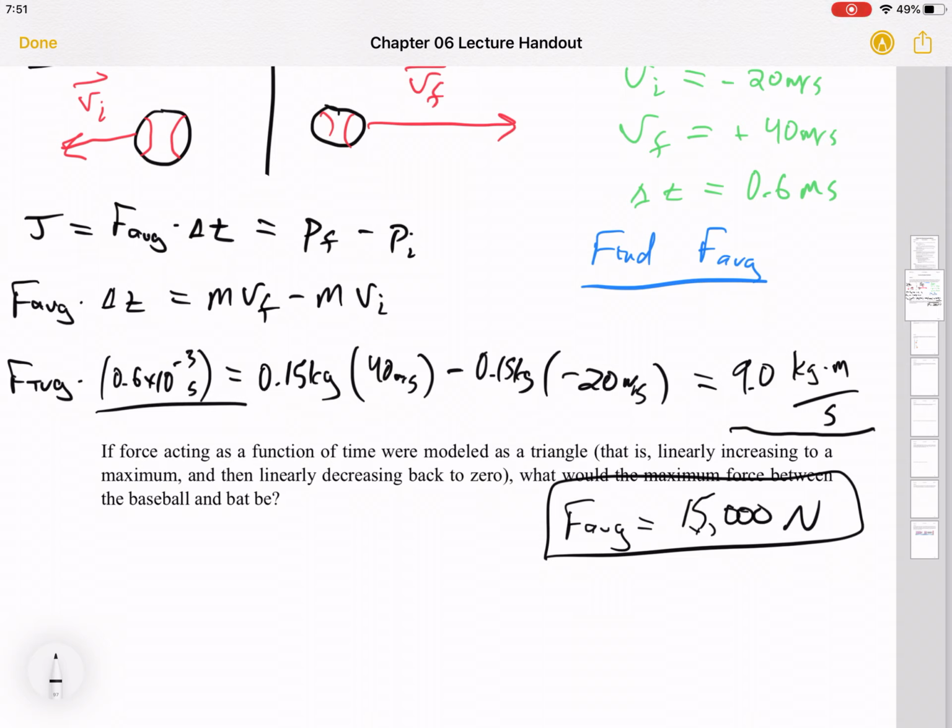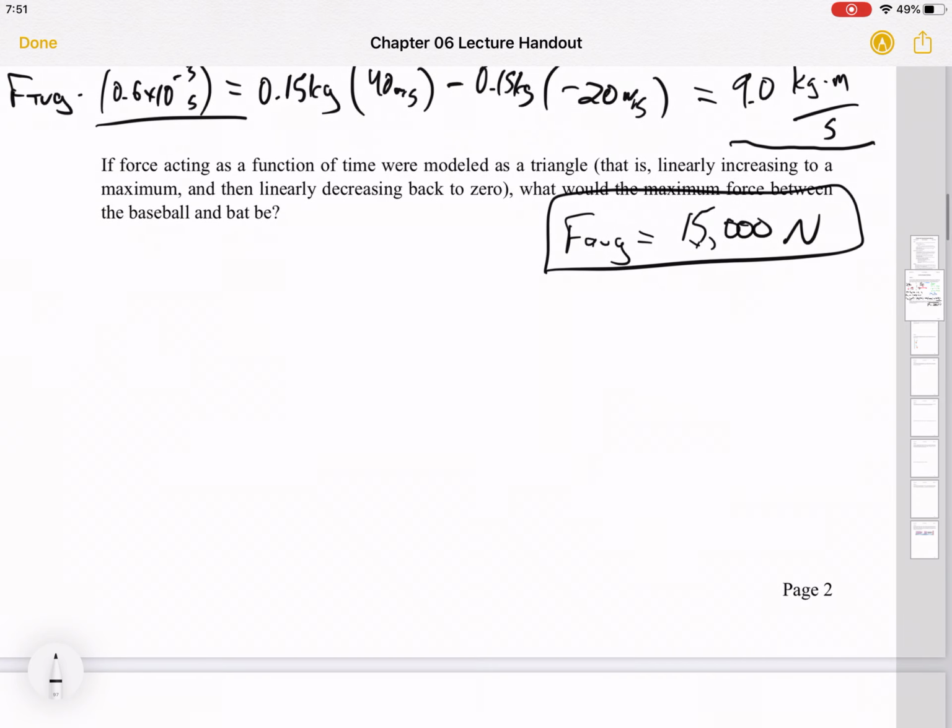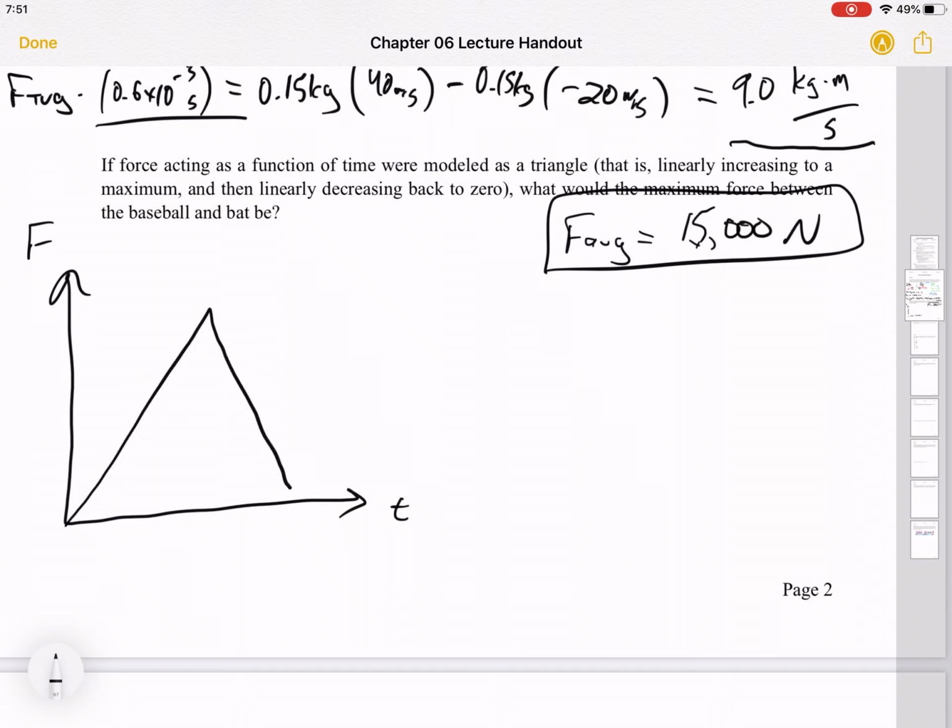Okay, so let's look at the next part of this. If the force acting as a function of time were modeled as a triangle, what would be the maximum force? So here's the force and the time, and let's just start at 0. We're going to model this like a triangle.